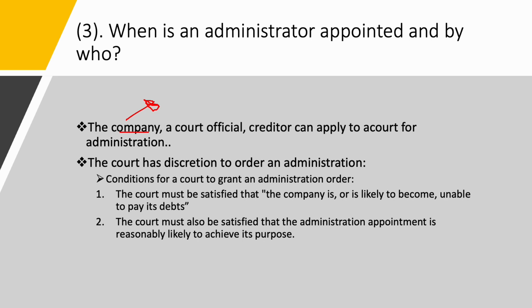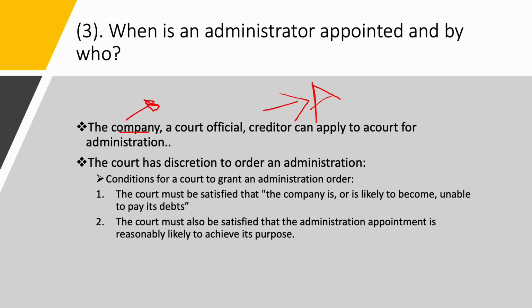We may also have a creditor or creditors applying to court for an administration order to be granted. We may have company A with several creditors, and they are worried that based on the financial position of the company, if it continues operating, it is likely to get worse and they will lose their money in the process.